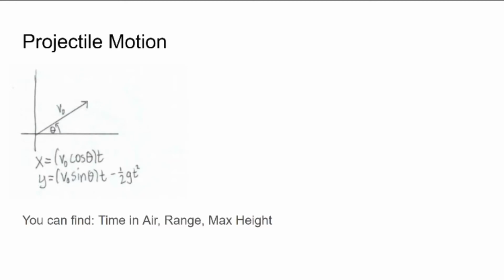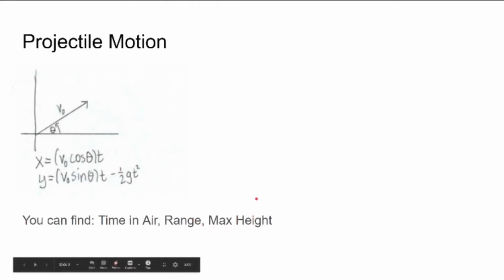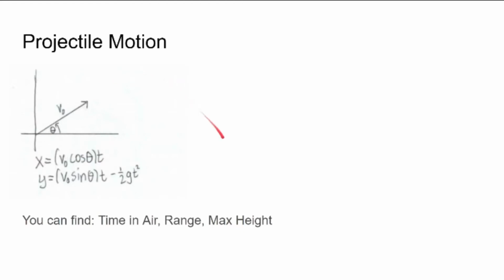And then the range, you take that time that it was in the air and just plug that in for t in the x equation, and that'd give you the range of how far it traveled in the x direction. And then for the max height, if you look at the shape of the curve, it'd be halfway through the flight. So you just plug that time in for y, and you'd find the max height.